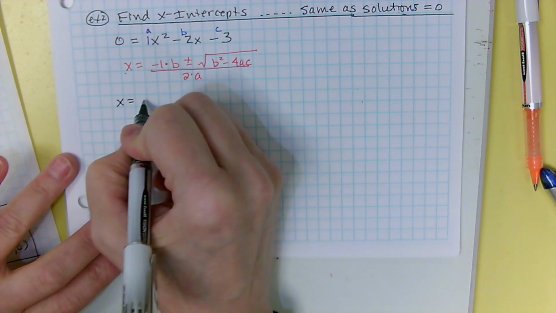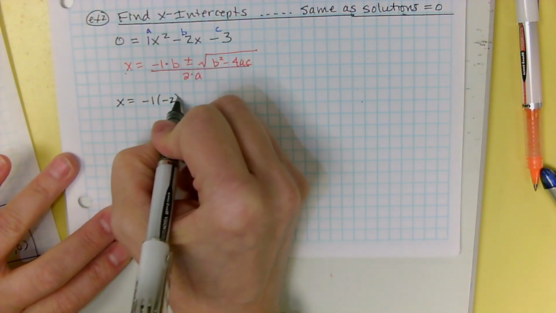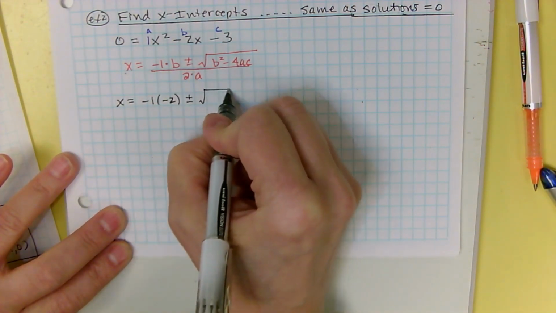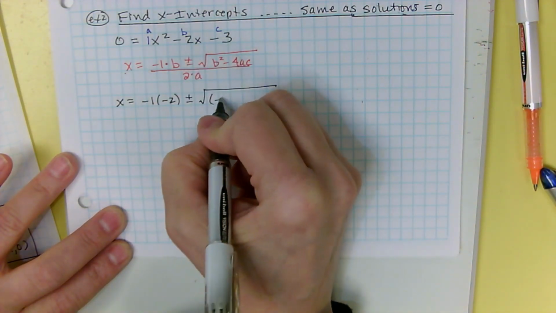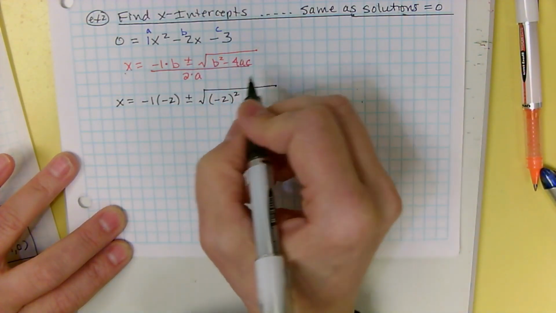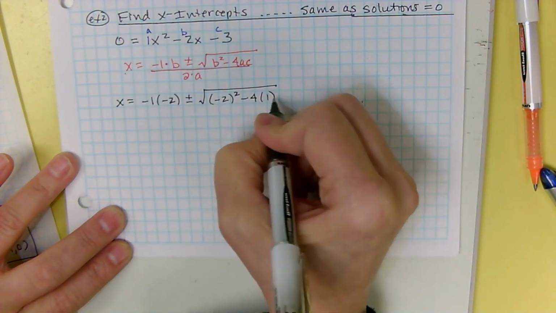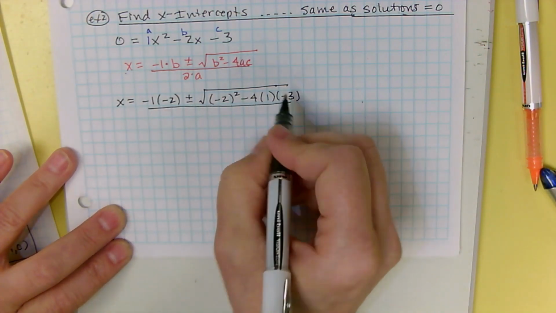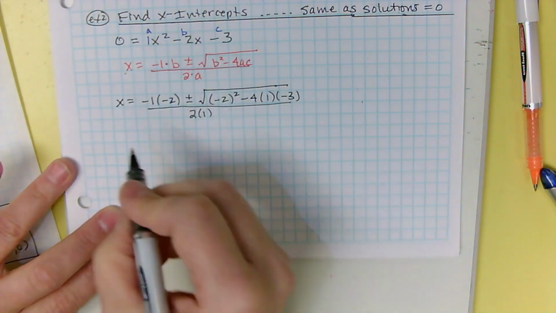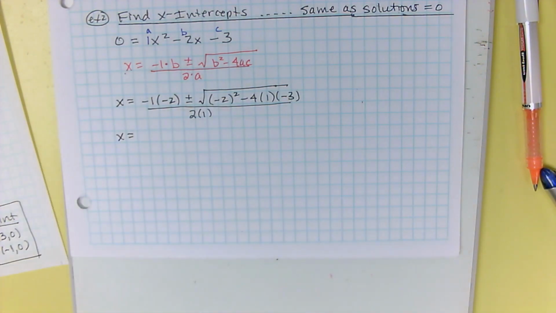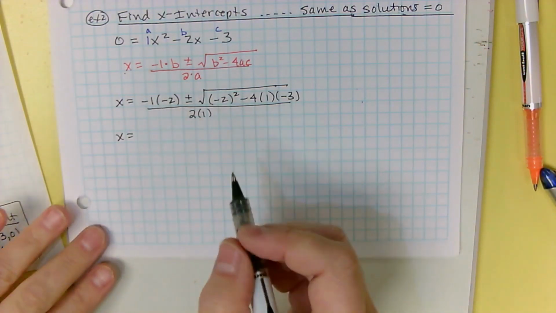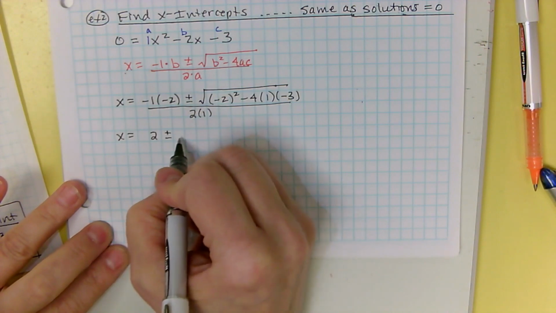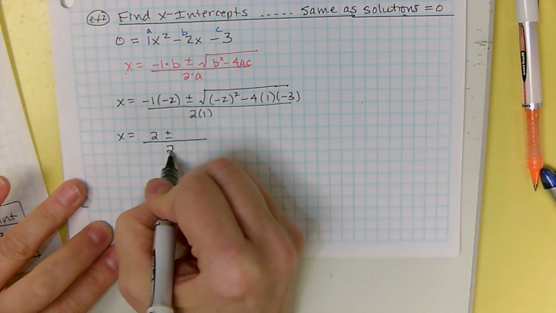Here we go, subbing in. -1 times b, which is -2, plus and minus the square root of b squared, so -2 squared, minus 4 times a, which is 1, times -3, which is my c, all over 2 times a, so 2 times 1. So again, we're doing the exact same process as solving. We're just going to write our solutions as intercepts. All right, -1 times -2 is 2. On the bottom, 2 times 1 is 2.